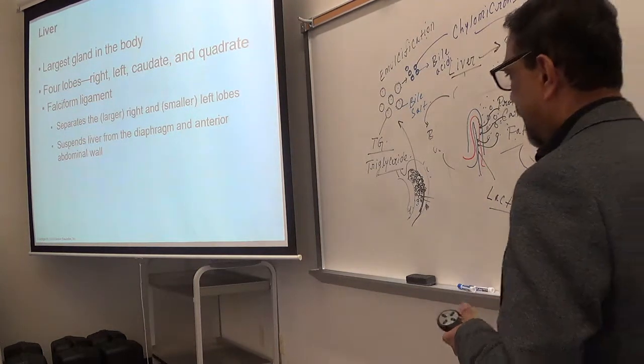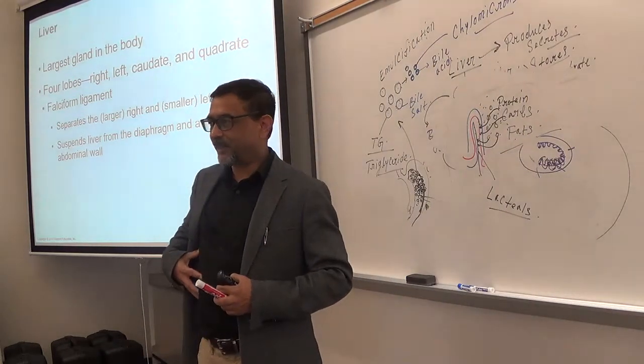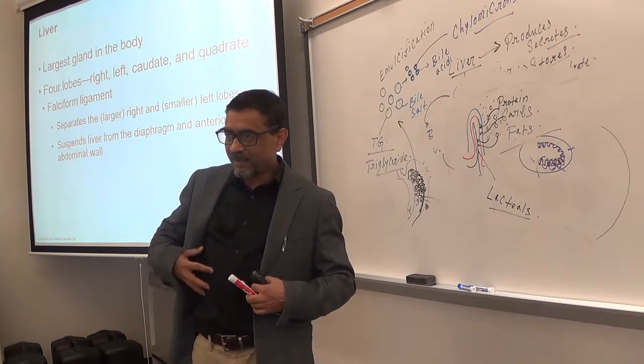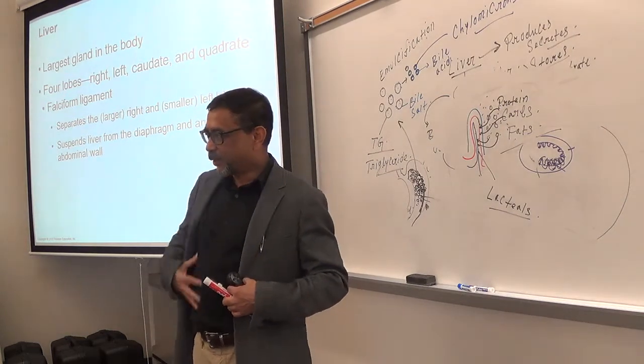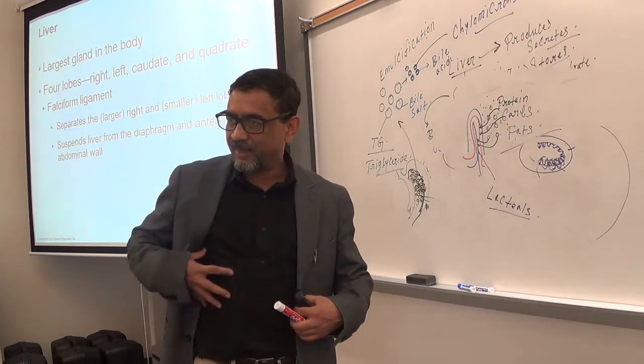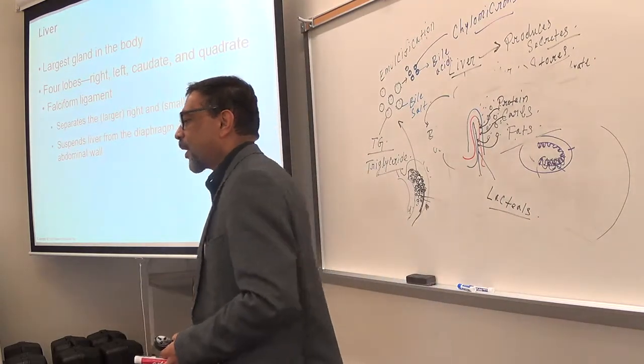Right lobe is the largest. That's why we said liver is mostly located in which side, right or left? In the right side, because right lobe is much bigger. So most part of the liver is on the right side. Left lobe goes to the left side.